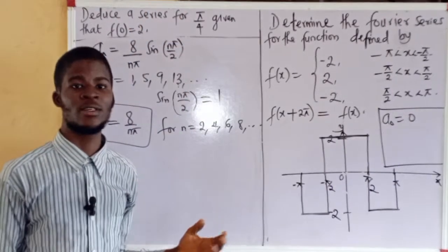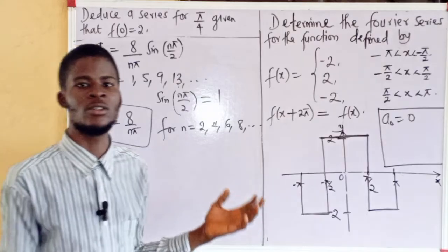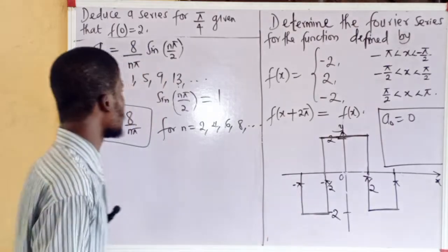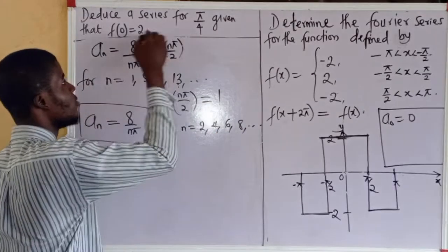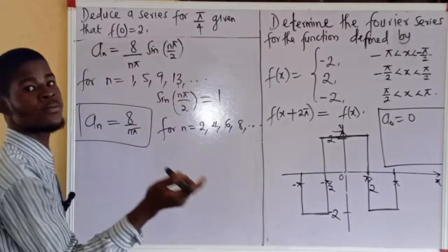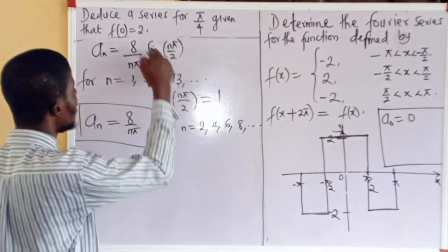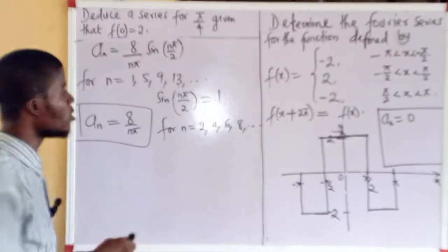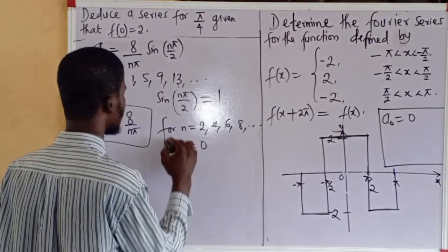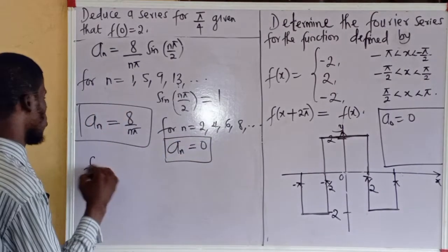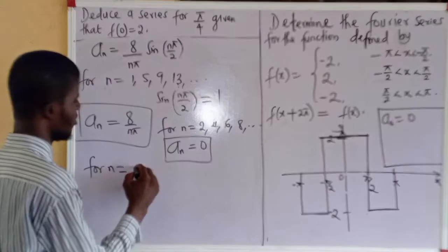So we have pi left. Sine pi, which is sine 180 degrees, is equal to 0. So that is it. For n equal to 2, 4, 6, 8, this would be 0. That means a sub n will be 0. That is the point. 0 times what is here will still be 0. So for n equal to this, a sub n will be what? 0.